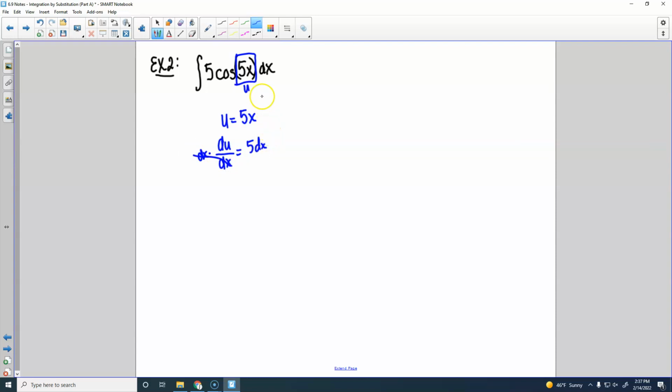All right. So I see I've got u. I do have this 5 right here. It's not with my dx, but could I just take it and put it over here with my dx? Be perfectly fine. I'm going to rewrite it just so everybody's really clear on what's happening here. You don't have to show this step necessarily.